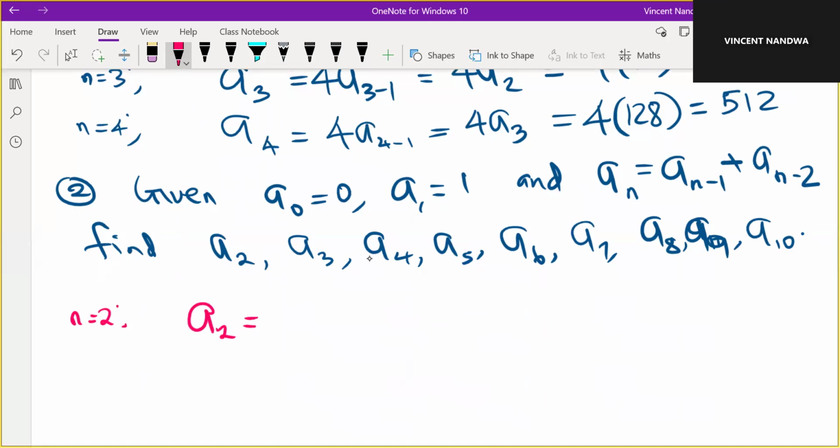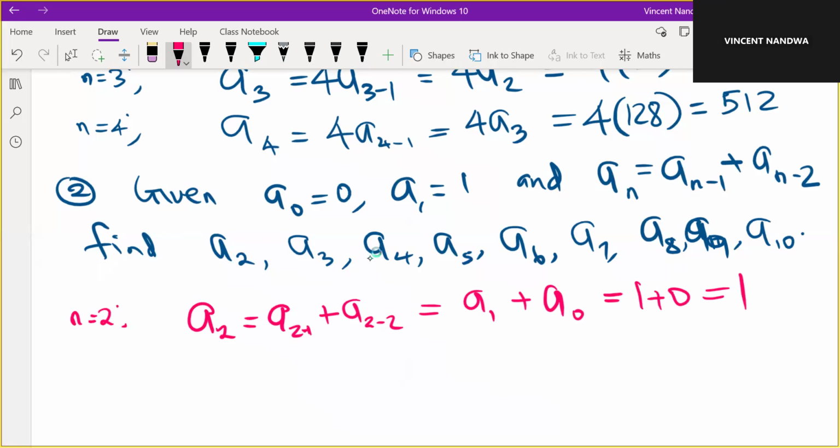We'll have a_{2-1} plus a_{2-2}, which is the same as a_1 plus a_0, because 2 minus 2 is 0. a_1 we have been given as 1. a_0 we have been given as 0. So the value of a_2 will be 1. 1, correct.